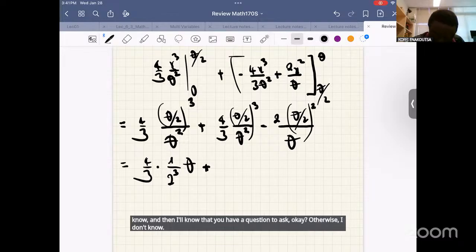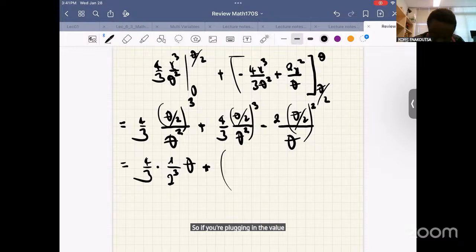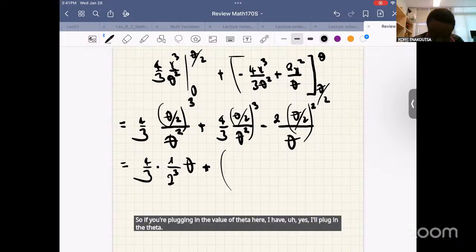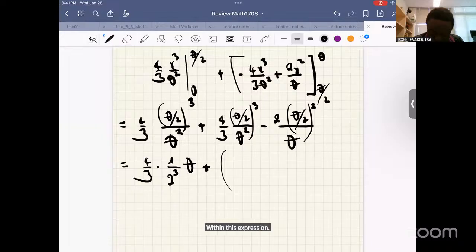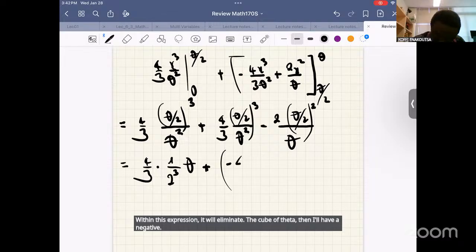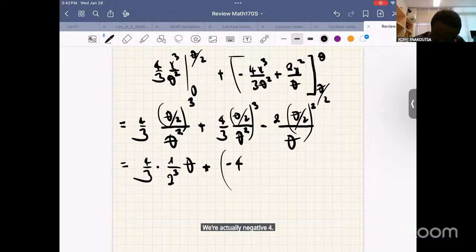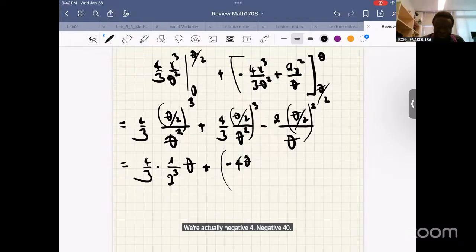So if you plug in the value of theta here within this expression, it will eliminate the cube of theta. Then I'll have negative 4 theta divided by 3, plus 2 theta, that's the first term.